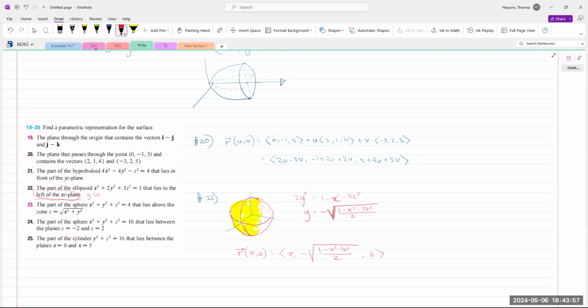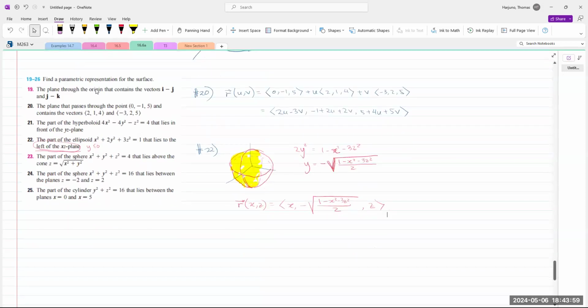Okay, number 24. I think this one is difficult. Number 24, that's actually part of the sphere. Part of the sphere: x squared plus y squared plus z squared equals 16.